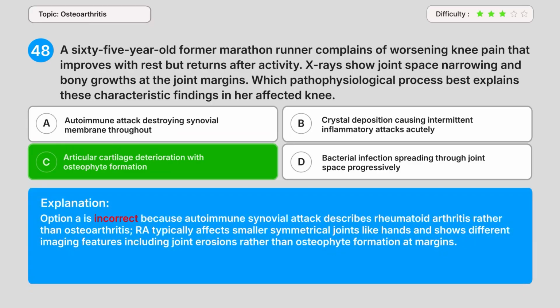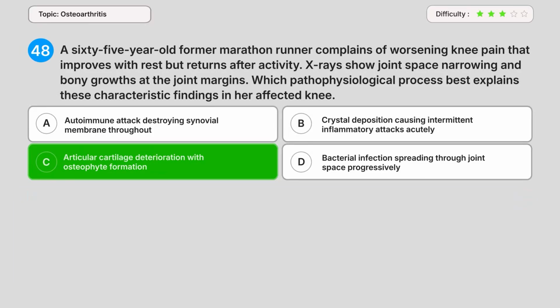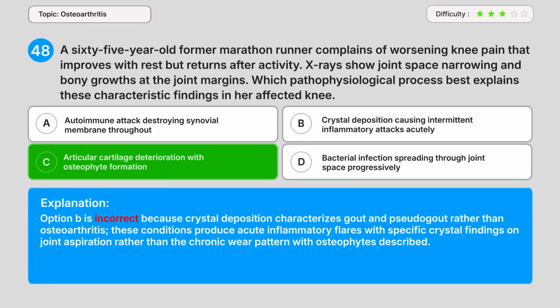Option A is incorrect because autoimmune synovial attack describes rheumatoid arthritis rather than osteoarthritis. RA typically affects smaller symmetrical joints like hands and shows different imaging features including joint erosions rather than osteophyte formation at margins. Option B is incorrect because crystal deposition characterizes gout and pseudogout rather than osteoarthritis.